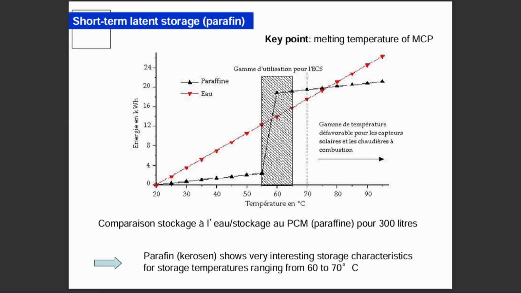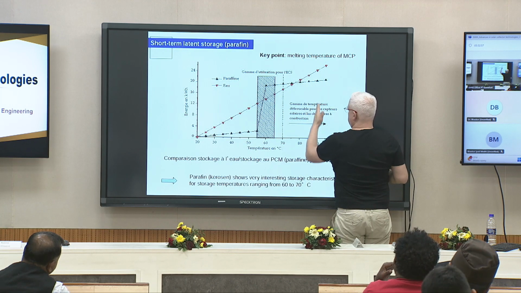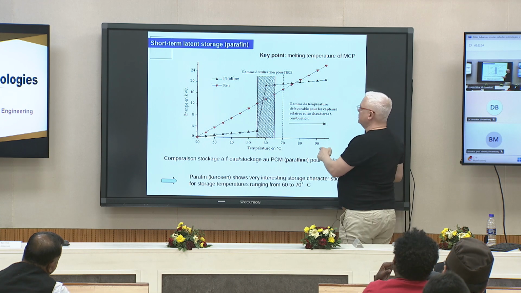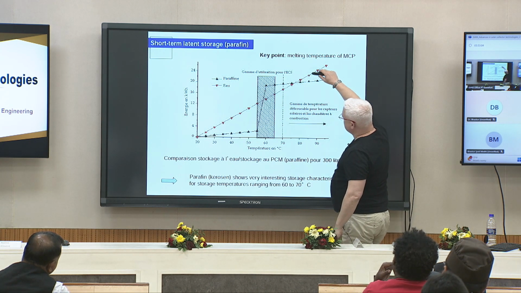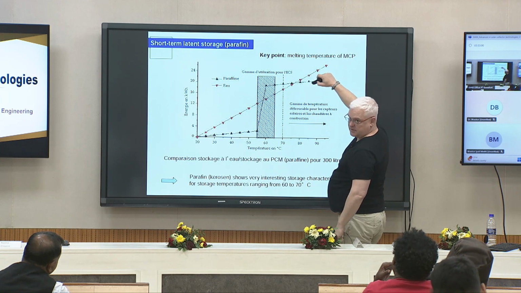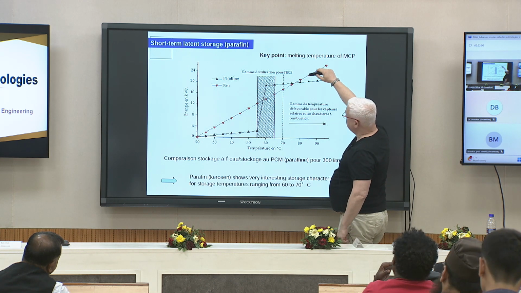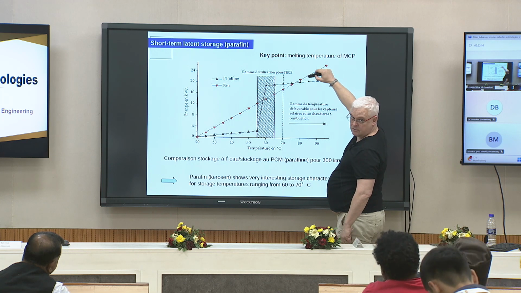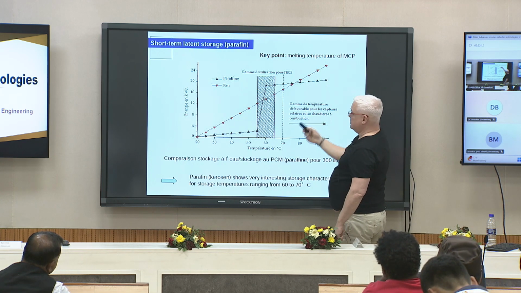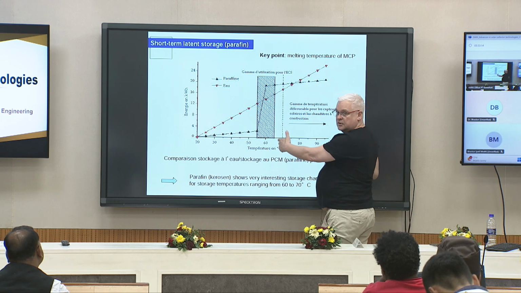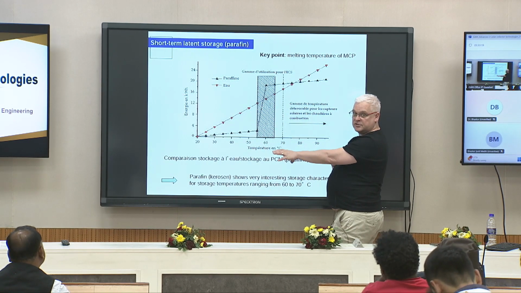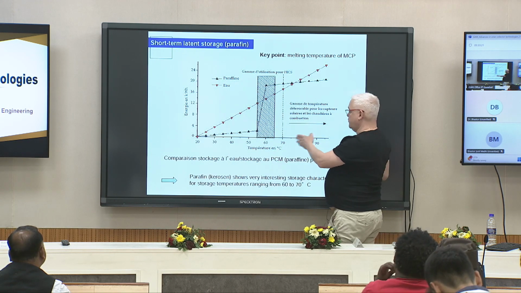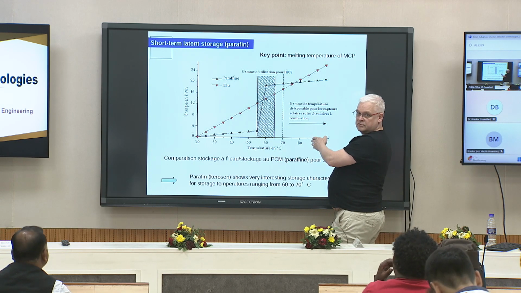But imagine that you are operating here, around 95 degrees. Finally, you store less energy with your phase change material than with your water, because we didn't identify the most appropriate phase change temperature for my application.